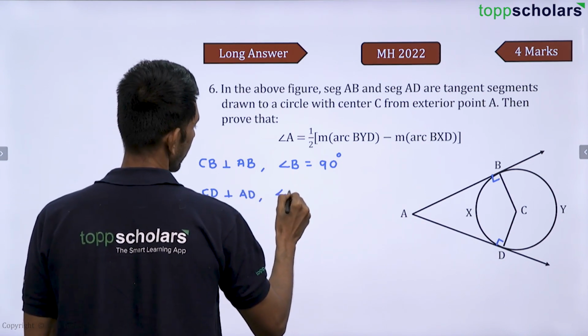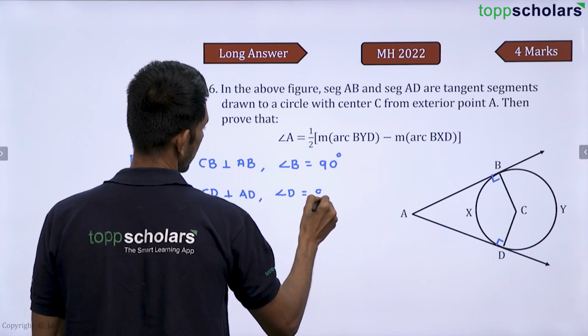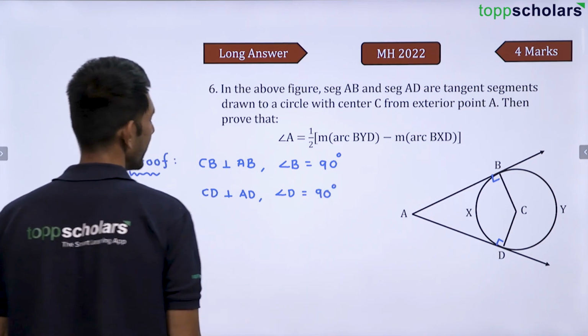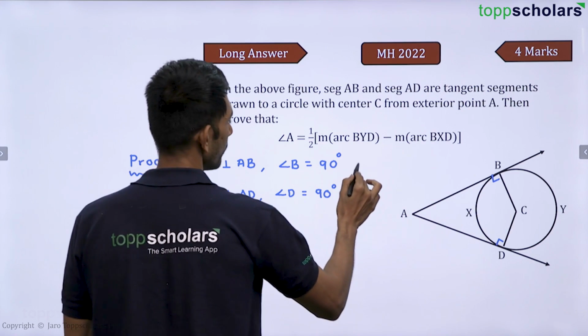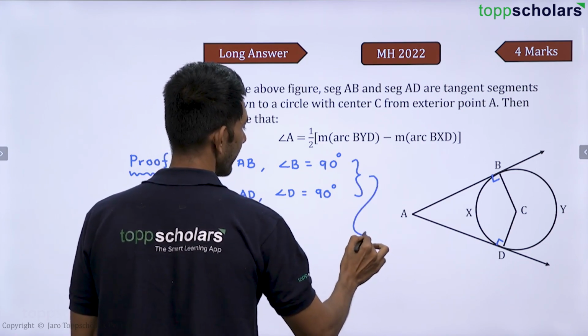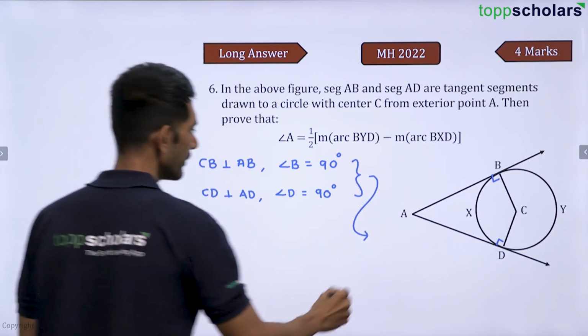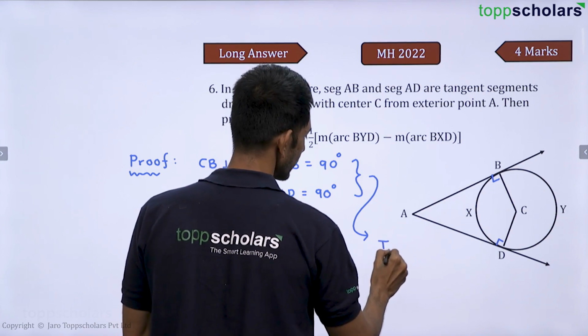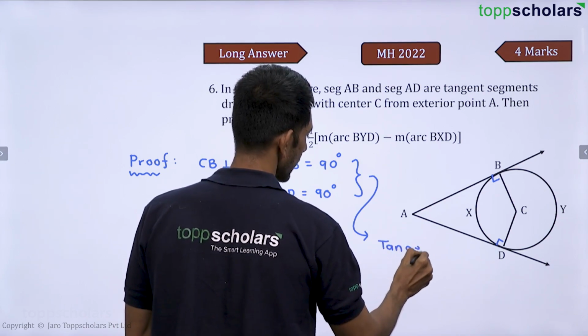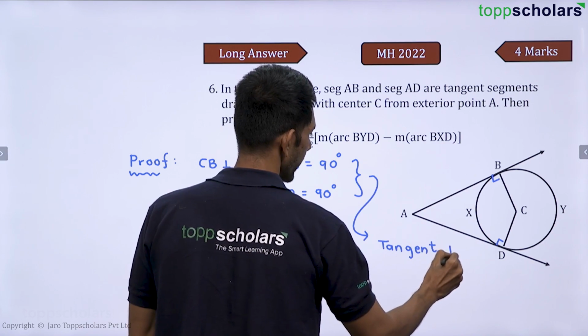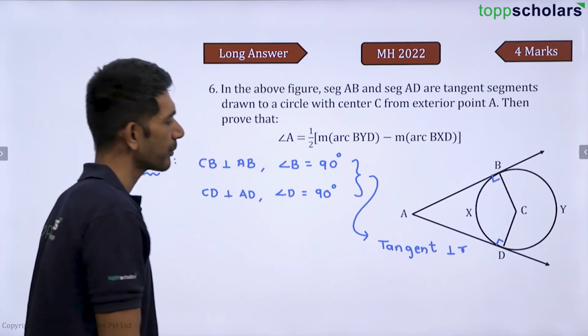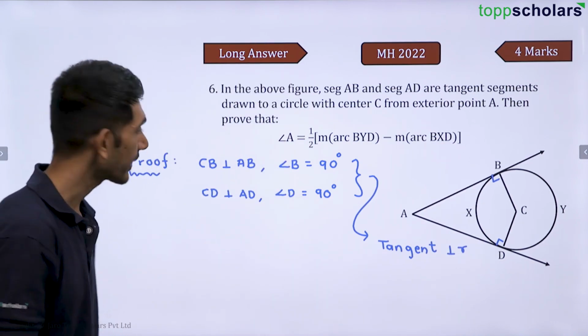That means, can I say angle D is 90 degrees? So in both the cases, what is the reason that you will write down? We'll write down tangent is perpendicular to radius, right? Tangent is perpendicular to the radius at the point of contact.